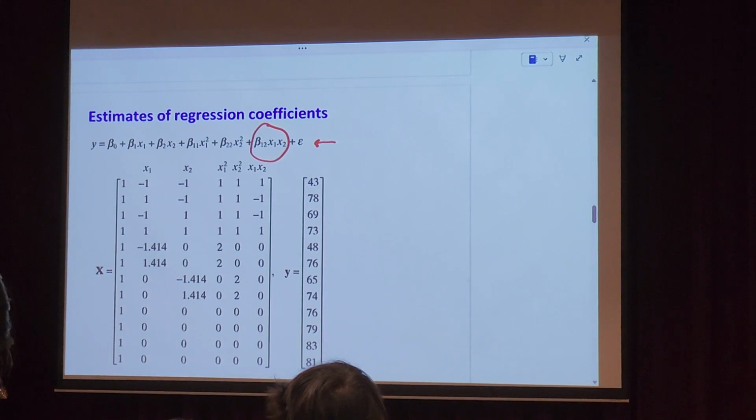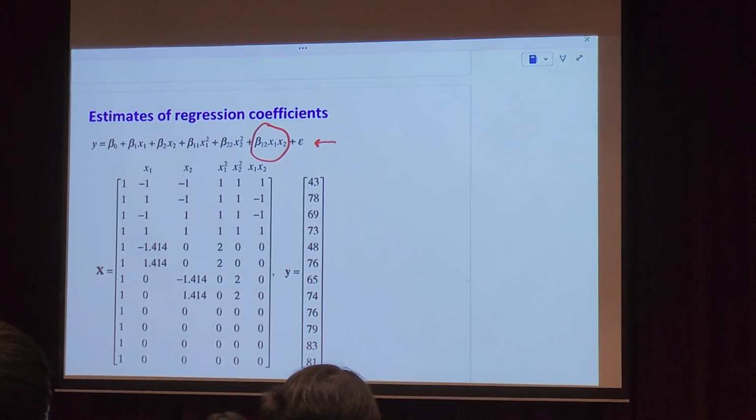Is there any interaction? Interaction simply means, will the temperature and concentration somehow jointly affect the response in some way? If it is, then beta 1,2 will be significantly different from 0. Otherwise, it will not.